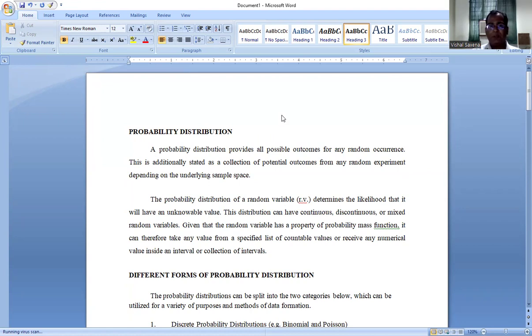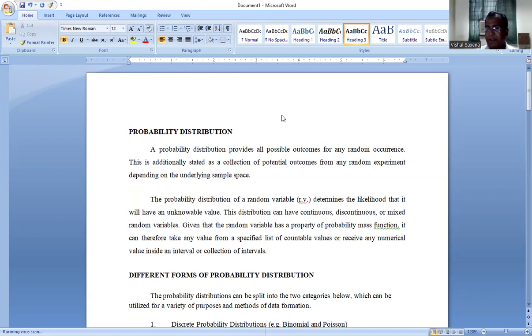So today's topic is probability distribution. As we already know, probability means the chance of occurrence of any particular event. Probability distribution is different from probability. Probability distribution is a kind of distribution for the probabilities.